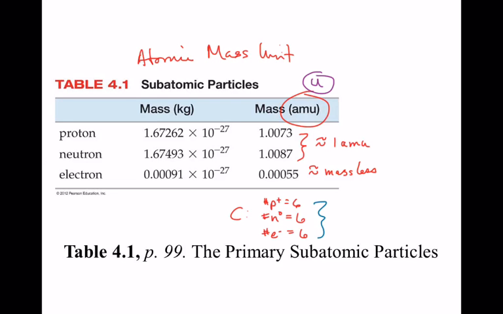But here's the catch, and you can do the math. That particular carbon atom that has 6, 6, and 6 would actually weigh less than the sum the masses say. There's this thing called binding energy that keeps a carbon atom together, and a little bit of that mass is converted to energy.